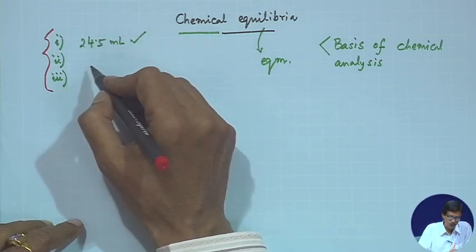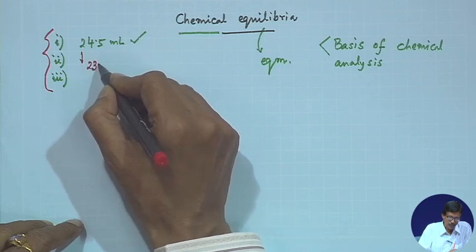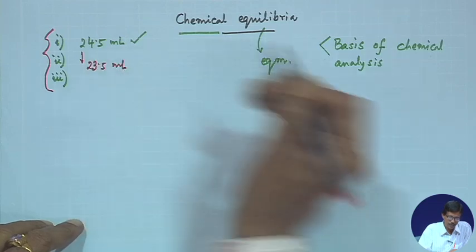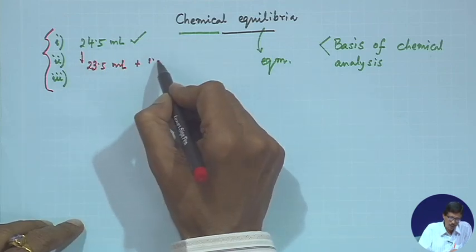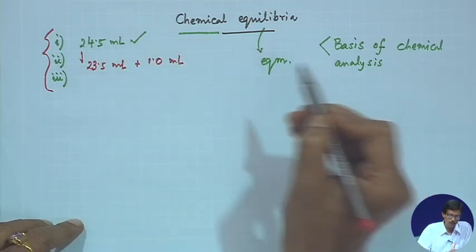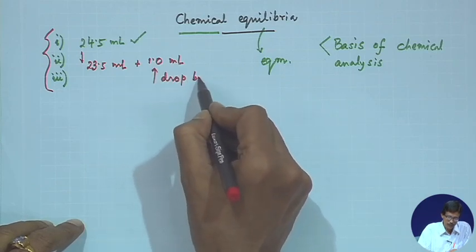So, in the second case also we straightaway add say 23.5 ml. So, you still require 1 ml of this volume, and this we should add drop by drop.